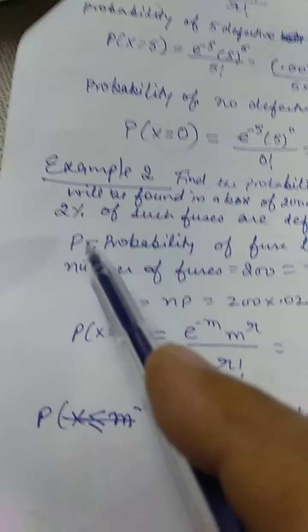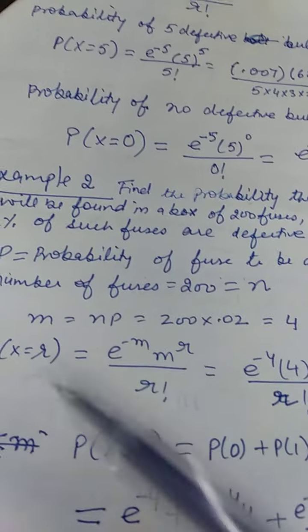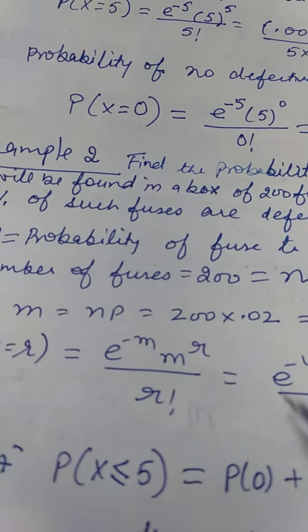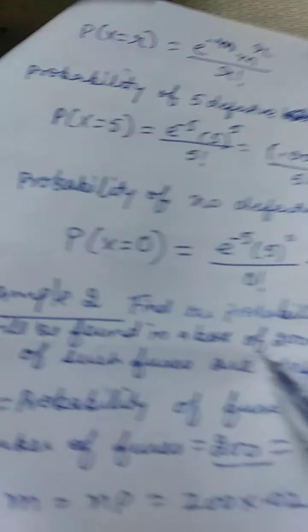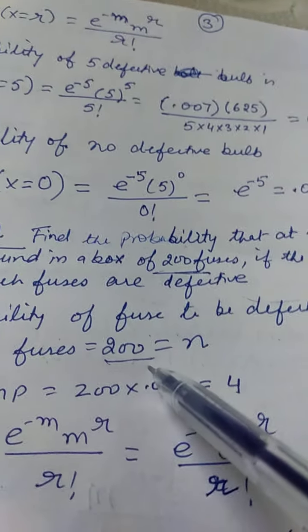How much is the probability? 2%. 2% means 2 over 100, it is 0.02. Another thing which we require is n. In our case, n is 200, because we have to find the probability in a box having 200 fuses, so n is 200.